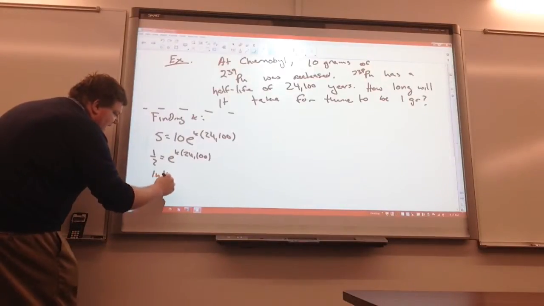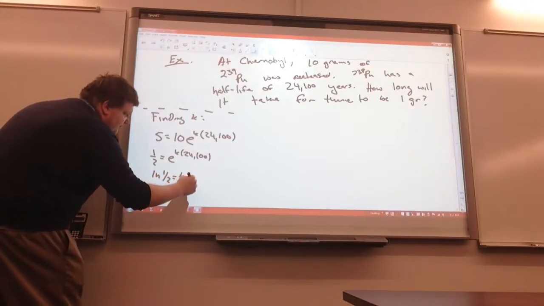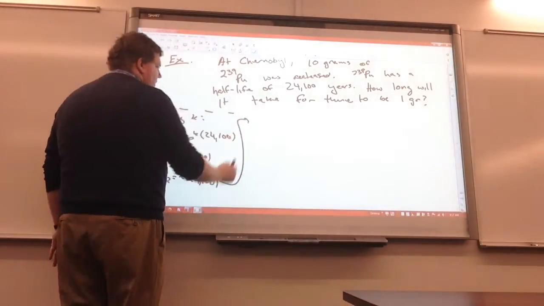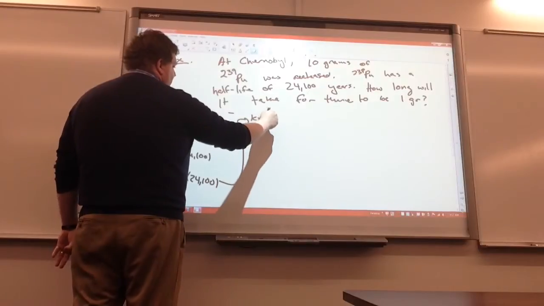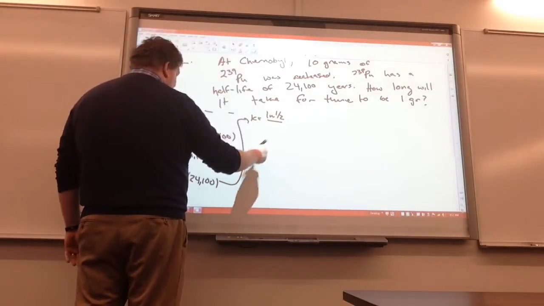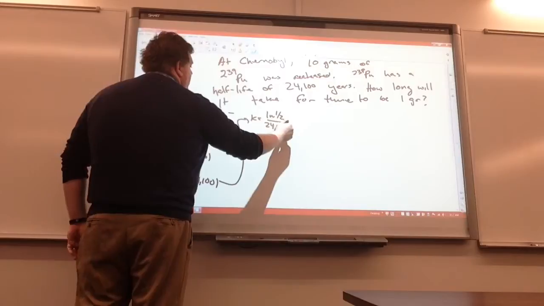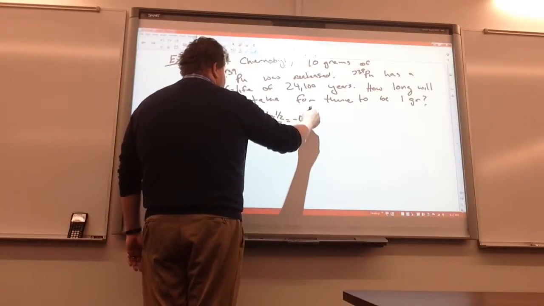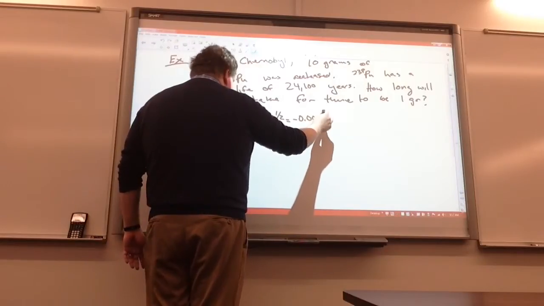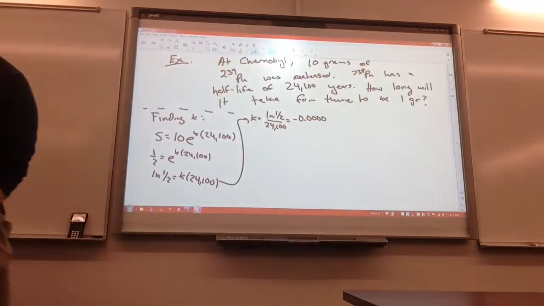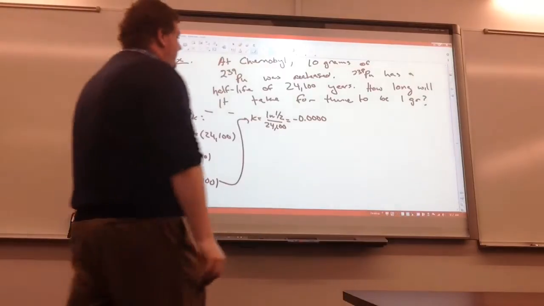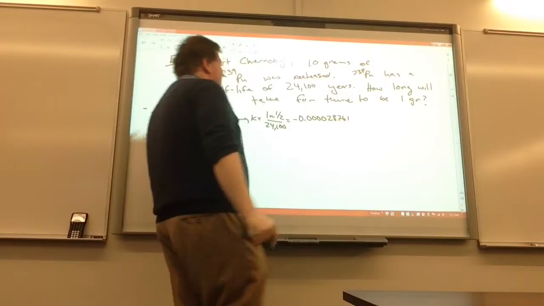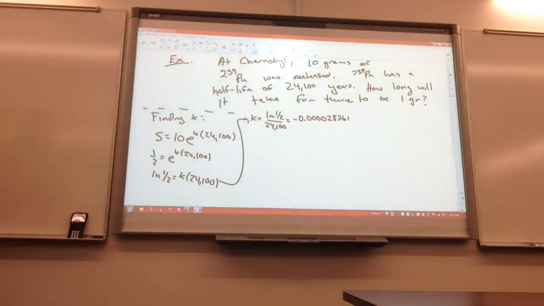The natural log of 1/2 is equal to k times 24,100. So k would be equal to the natural log of 1/2 divided by 24,100, which is equal to minus 0.000028761. That's a really small number.